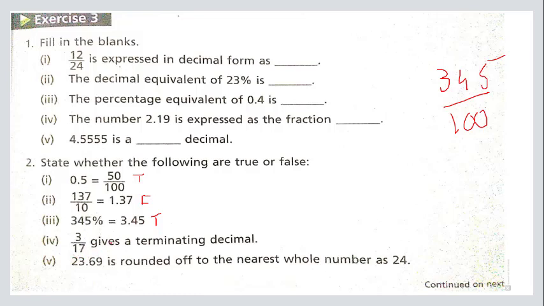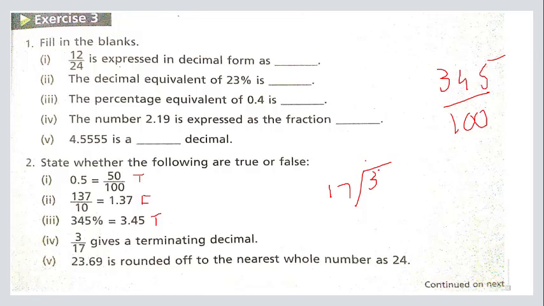3 by 17 gives a terminating decimal. Now how to decide which fraction is a terminating decimal or not. It's quite simple. You just need to divide the fraction. If I divide the fraction, for example 3 and 17, what do I do?